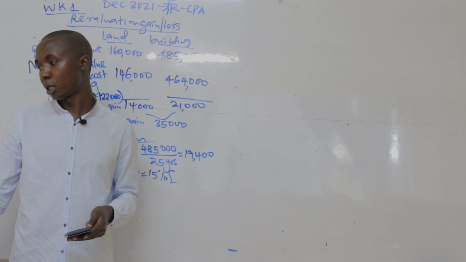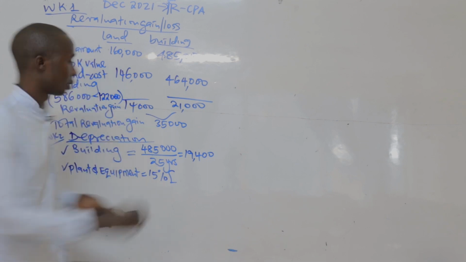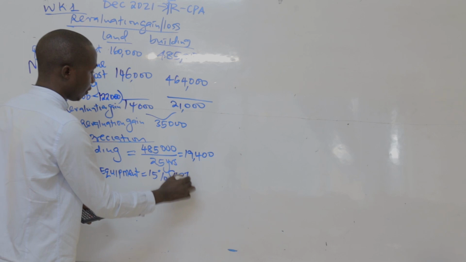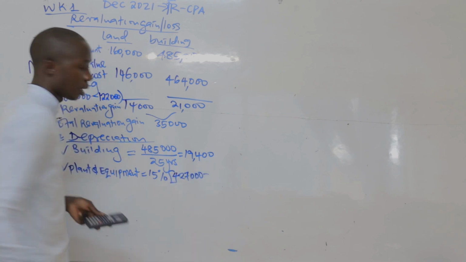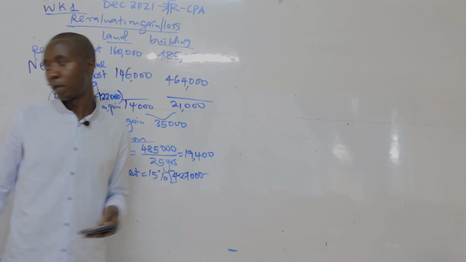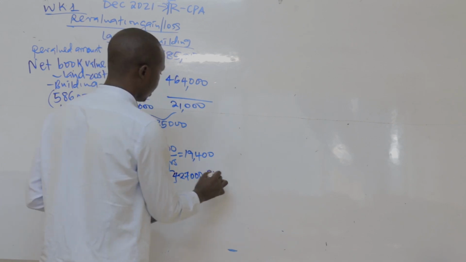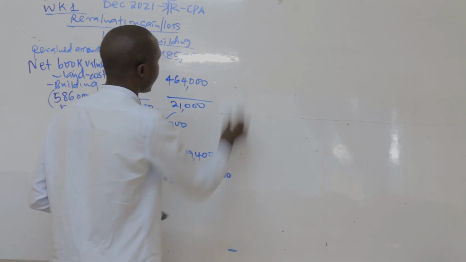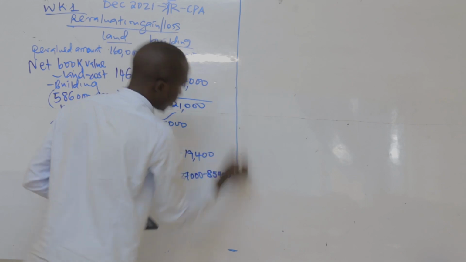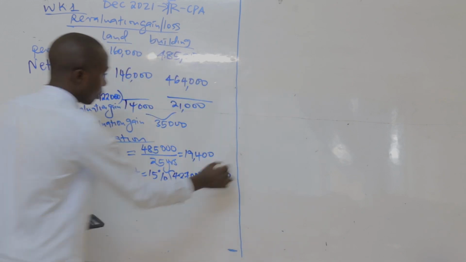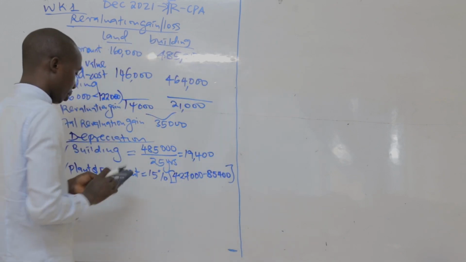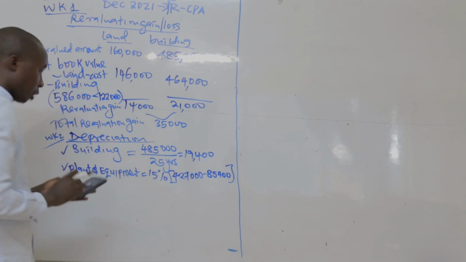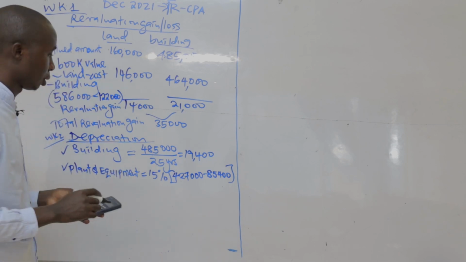So the cost is 427,000 minus accumulated depreciation of 85,400. Then I multiply now with 15%.